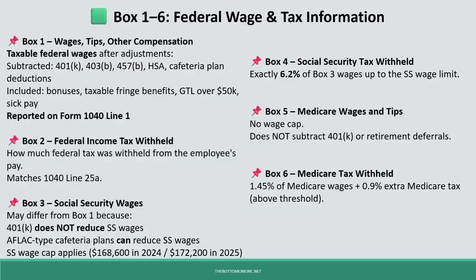So your federal wages can differ from your Social Security and your Medicare. Social Security wages and Medicare wages usually are the same, but the Social Security wages have a limit on how much they're taxed.